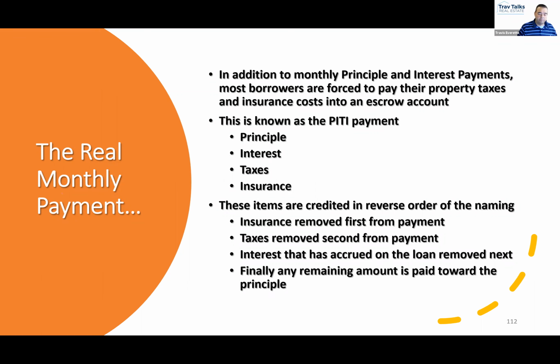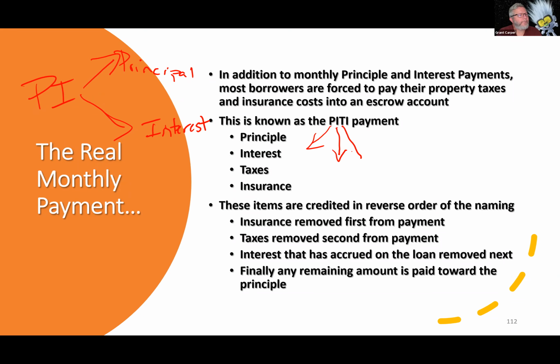Our challenge is going to be, and remember, we've already done this before, we've looked at the PI payment and then busted it up into principal and interest. Our challenge now is to take a PITI payment and bust it into not two pieces, but four: principal, interest, taxes, and insurance.